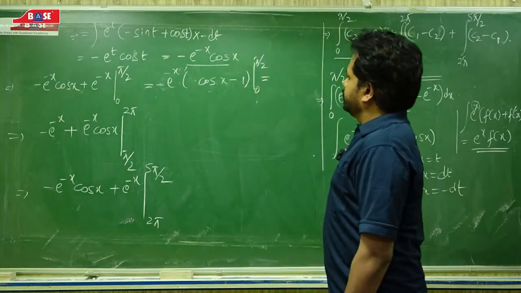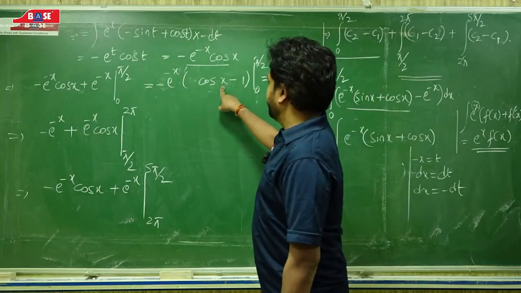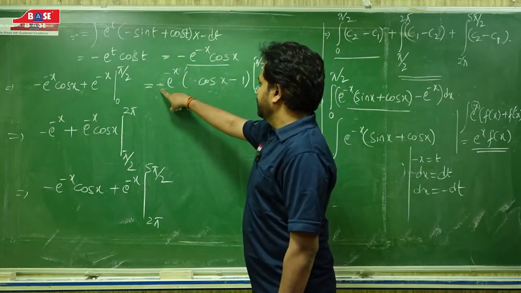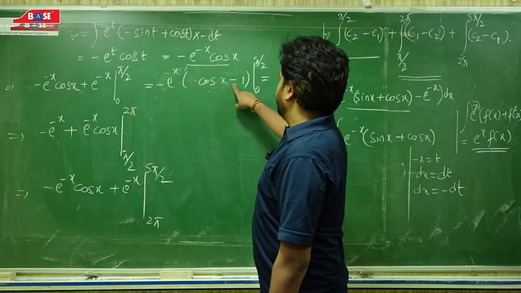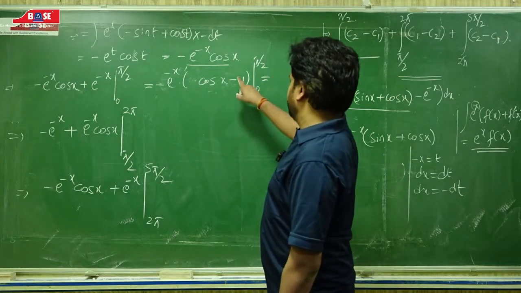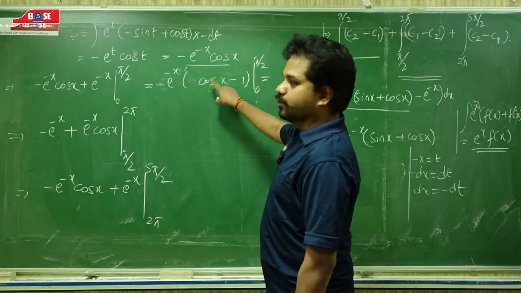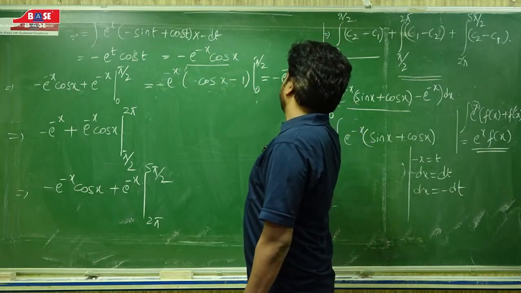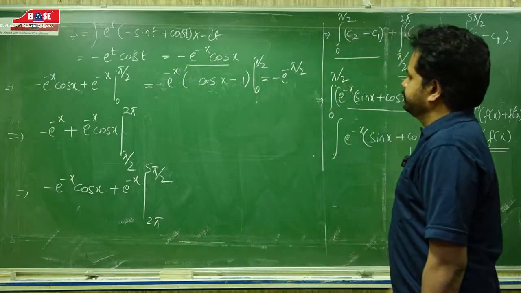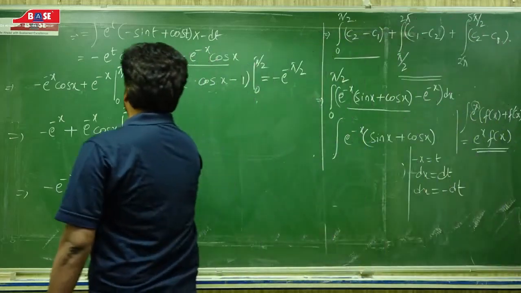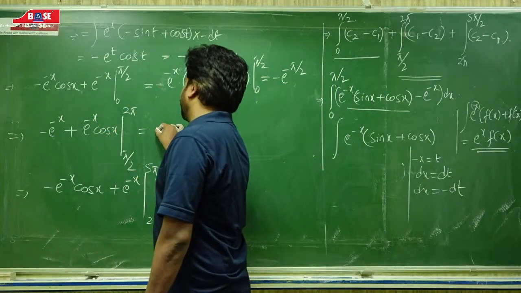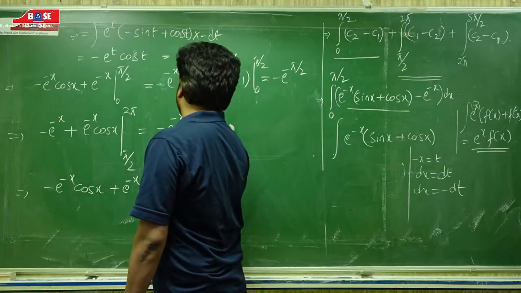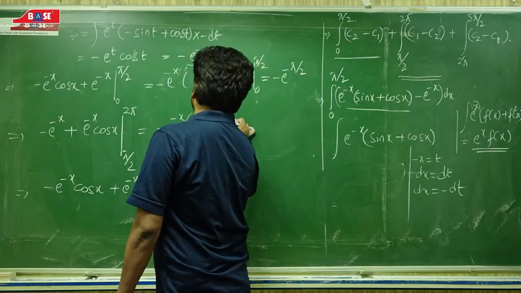Okay, so finally, if I put pi by 2, this will become 0, this will become e power minus pi by 2 with negative sign, right? And when you put 0, this will become 1, 1 minus 1 will be 0, right? So I'm left with e power minus pi by 2. Okay, so similarly, for this one, I have taken out e power minus x common, so I'm left with 1 minus cos x.